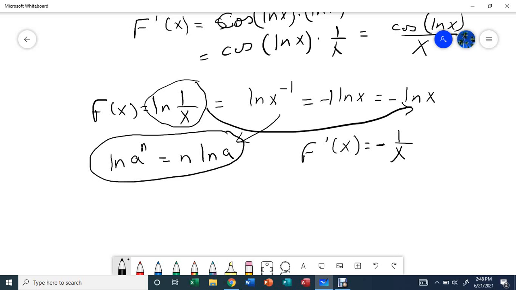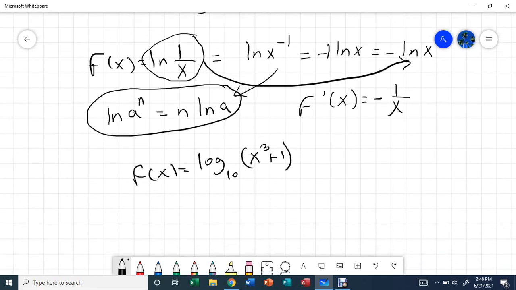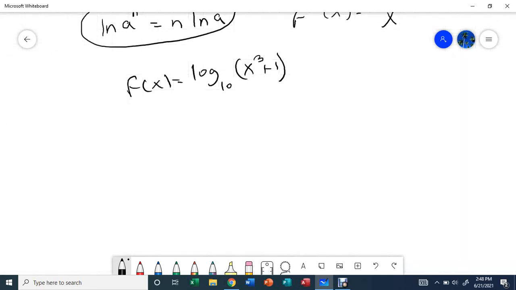So let's look at another example, also using the chain rule. Suppose my f of x is log base 10 of x cubed plus 1. We want to find f prime.